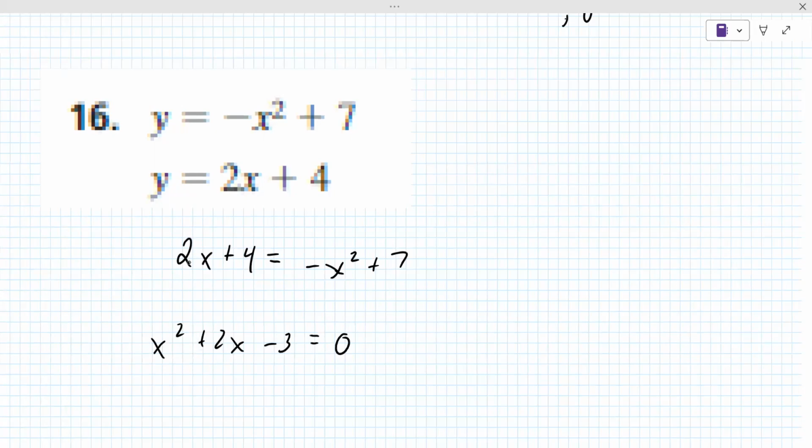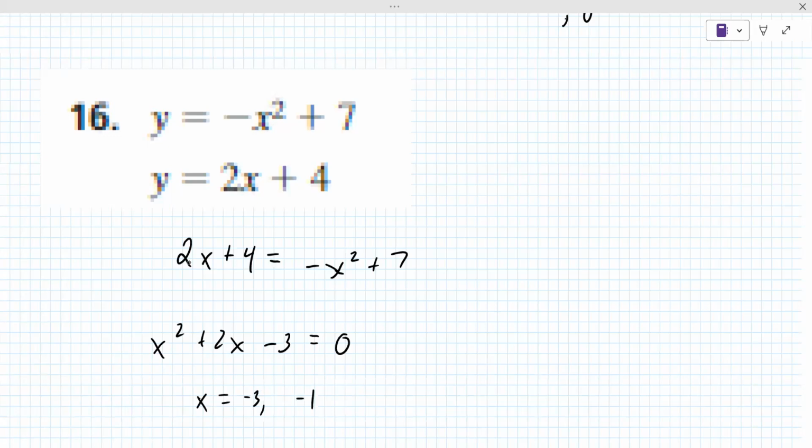So then multiply to negative 3, but add to 2. 3 and negative 1, so x plus 3, x minus 1. So is it x equals negative 3 and 1? Yes.